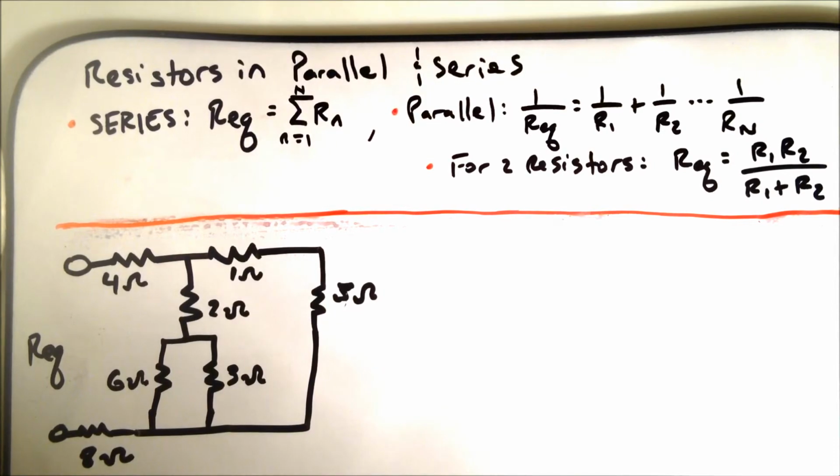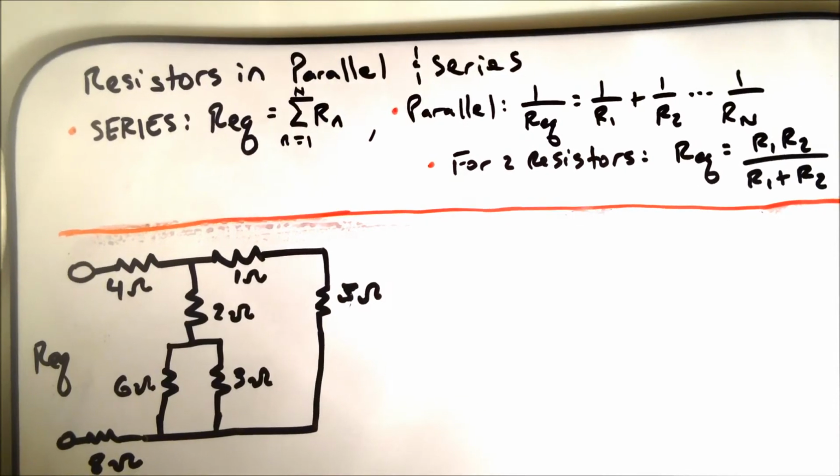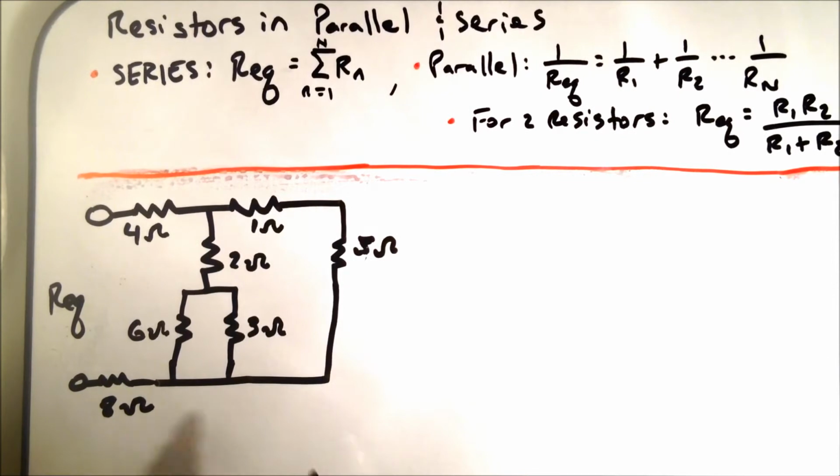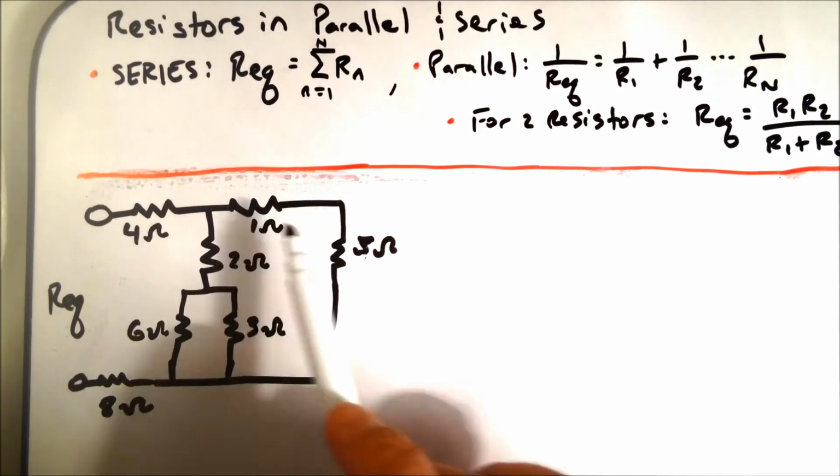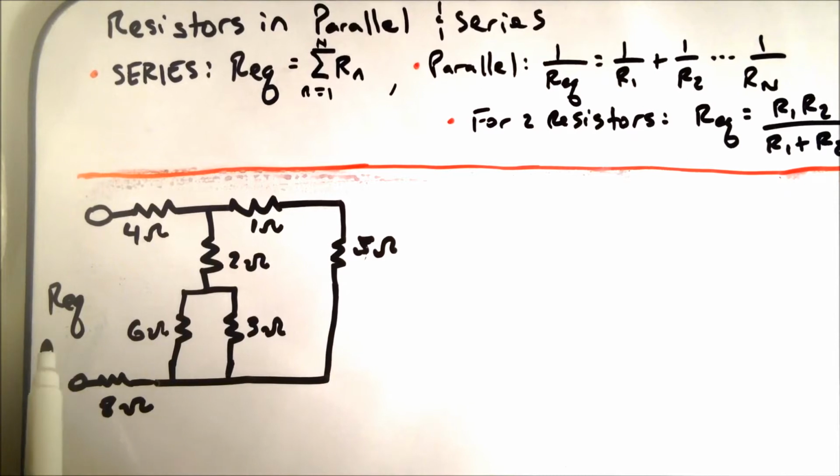So with that in mind, let's take a look at our sample network. Our problem is to find the equivalent resistance of that network. The first thing you want to do is see if you can find some resistors in series, or resistors in parallel, that we can easily solve for.